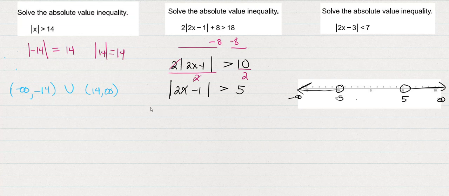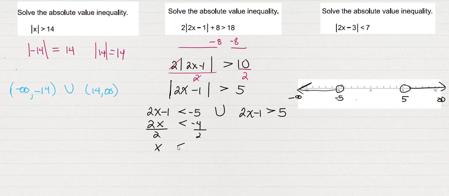So I'm going to say that this 2x minus 1 is less than negative 5, or 2x minus 1 is greater than positive 5. When I solve for x, I could add 1 to both sides and get negative 4, divide both sides by 2, positive 2, so I don't have to change the inequality to get x is less than negative 2, or adding 1 to both sides here gives us a 6.